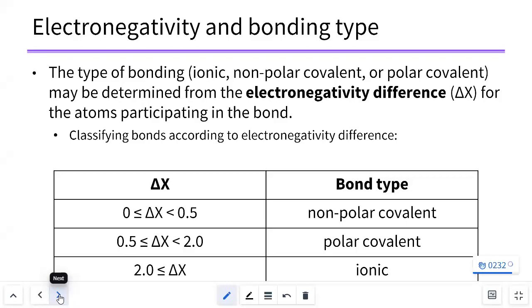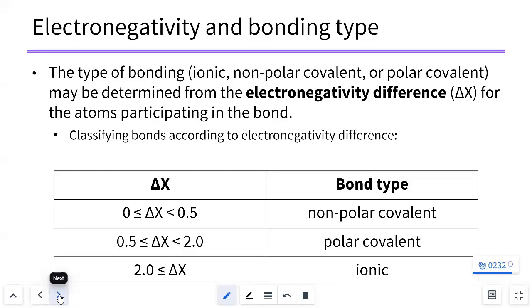If the electronegativity difference is greater than 2, we have such a stark difference that not only are the electrons being unevenly shared, we can almost think of that electron as having moved.